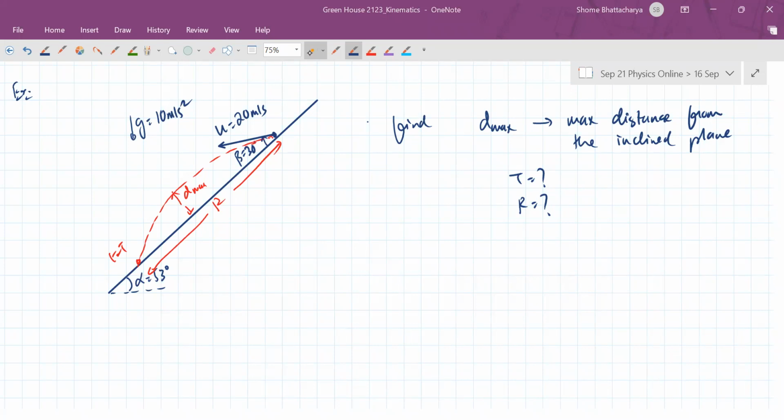Okay, let's check out the answers. So what we'll do is we'll take the x and y axis like this.